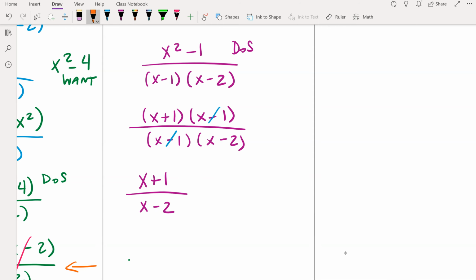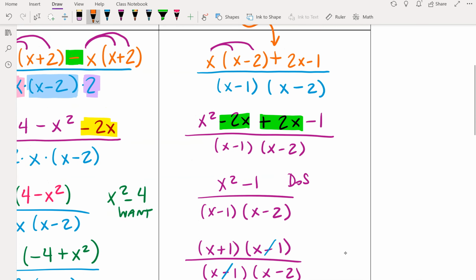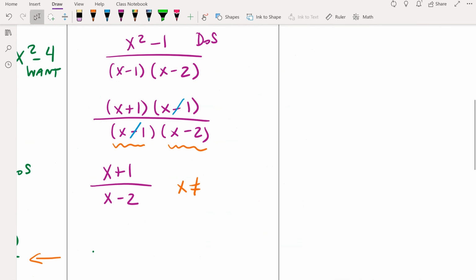And then the last step is to write the excluded values. X is not allowed to equal. And remember to look up here. Look before you crossed out. What is x not allowed to equal? Well, what is x equal for this factor? X equals 1, right?